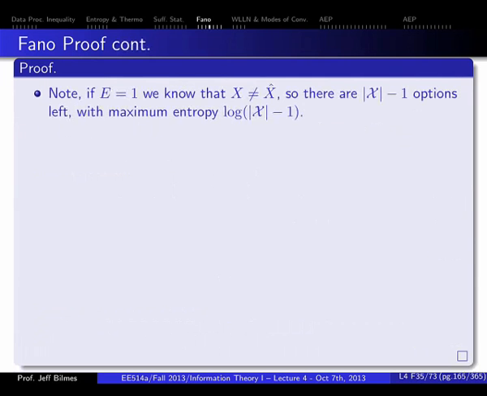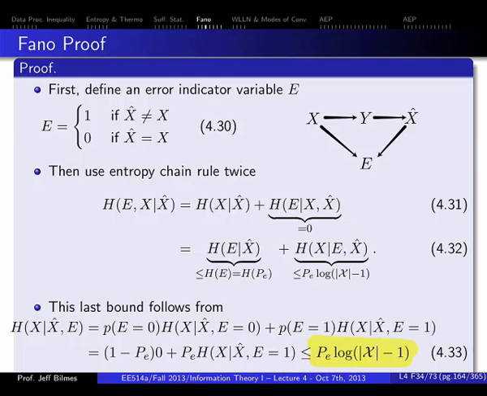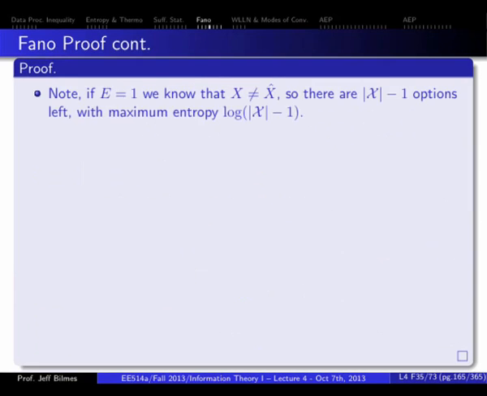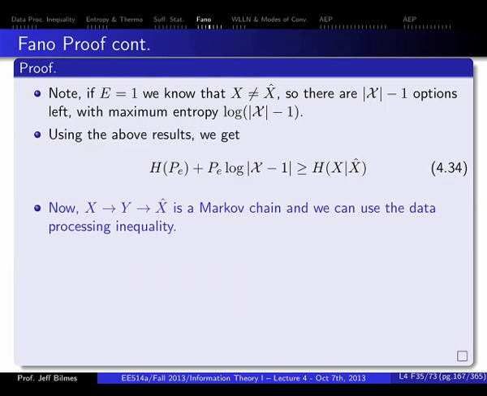Now, if the error is equal to 1, we certainly know that x and x hat are not equal to each other. Oh, actually, I already said this part. So once we get that, we just use this bit. So we combine this and this to get this bound. And then the next thing we do is use the Markov chain and the data processing inequality, X, Y, X hat.